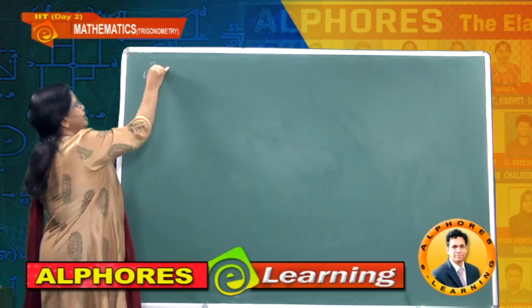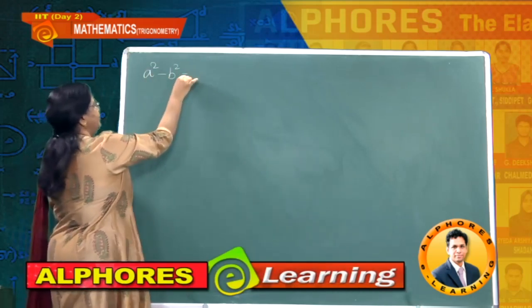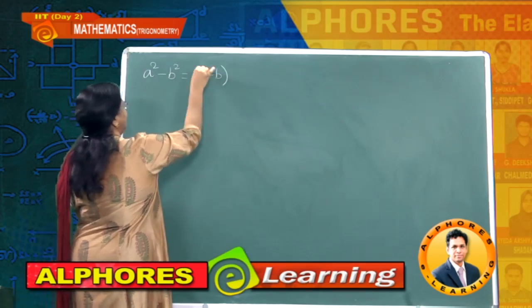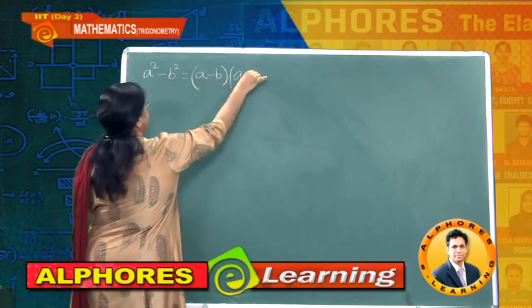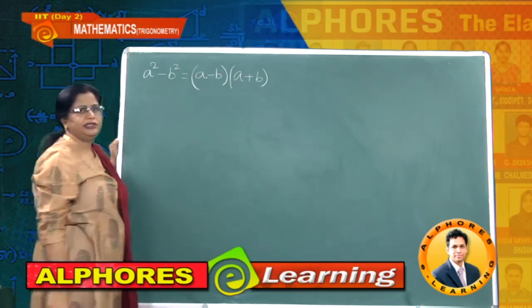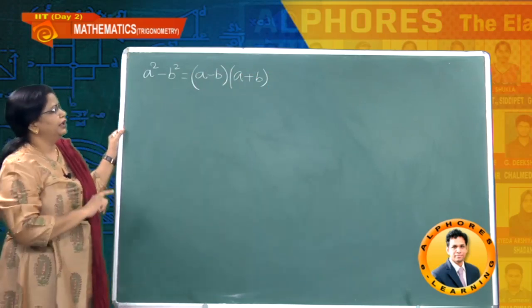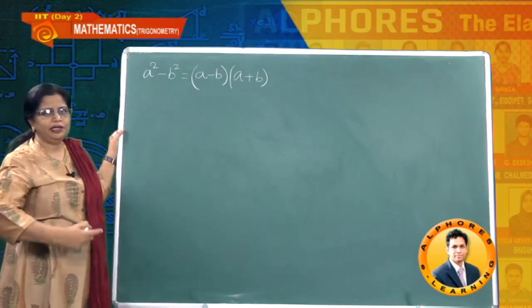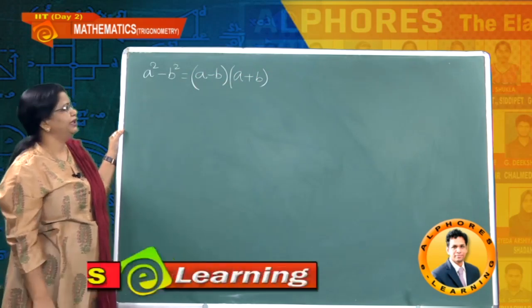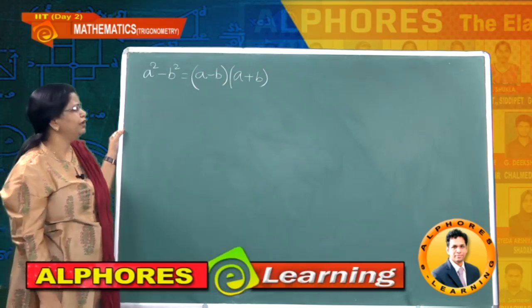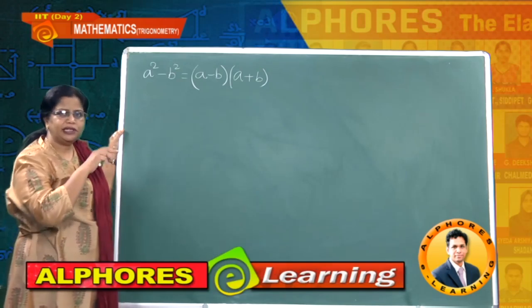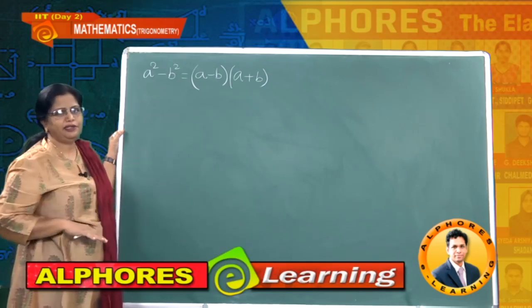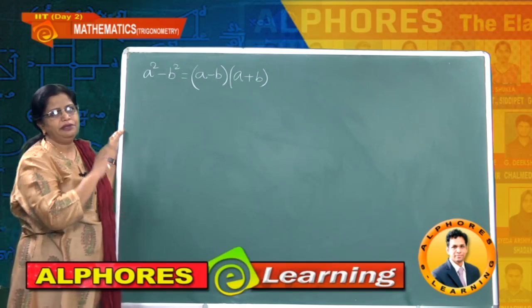a square minus b square equals a minus b into a plus b. Many of you know this formula well. Whenever you learn these formulae by heart in school level or any time, understand that these are not meant only for a and b.